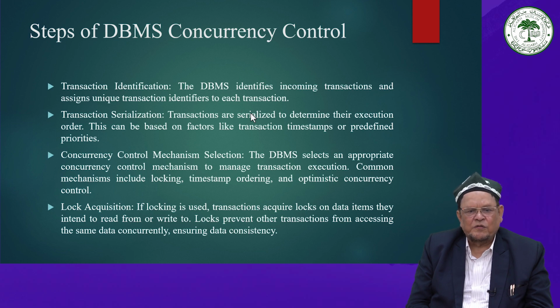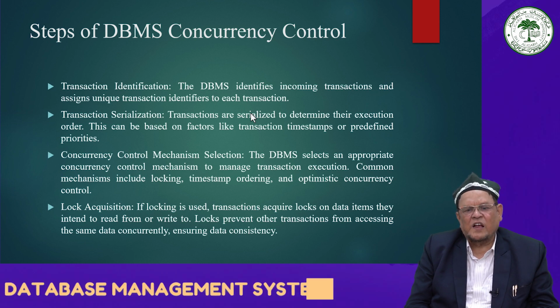In transaction identification, the database management system identifies incoming transactions and assigns a unique transaction identifier to each transaction. Next is transaction serialization. Transactions are serialized to determine their execution order. This can be based on factors like transaction timestamps or predefined priorities.